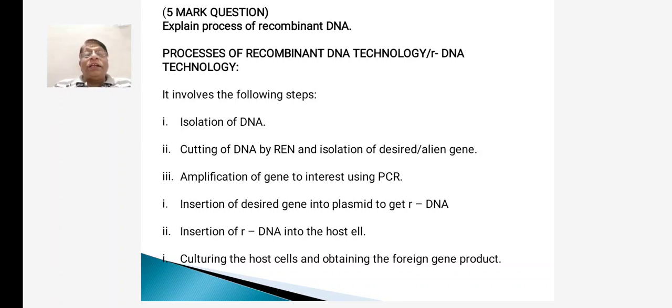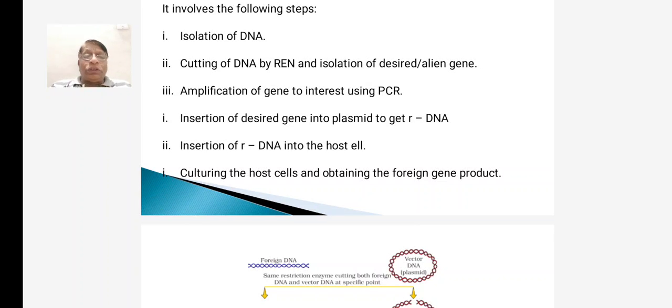Next, insertion of the desired gene into a vector or plasmid to get rDNA. The next step is insertion of rDNA into the host cell. Last, culturing the host cells and obtaining the foreign gene product. So these are the 6 steps involved in rDNA technology.